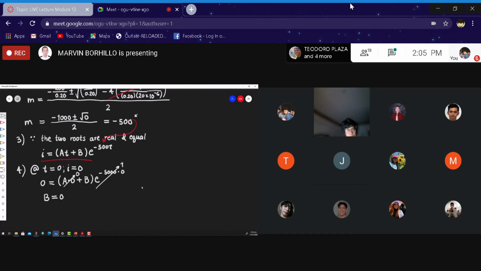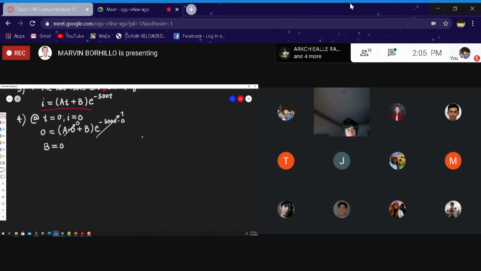So let's solve naman yung A. A will involve a derivative. So ang derivative, itong part na to, will be di over dt. Since ito is involving products of two terms, product rule, no? So ito mag-iitsura niyan. A times t plus b times yung derivative nung exponential form. Negative quantity natin para malinis tingnan.